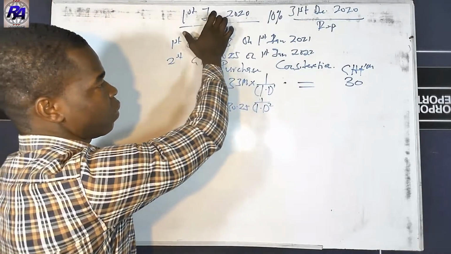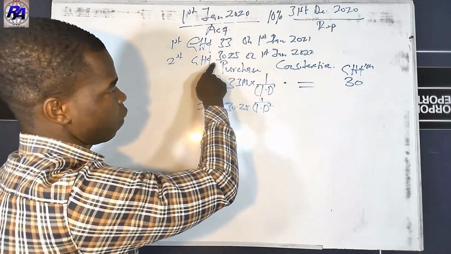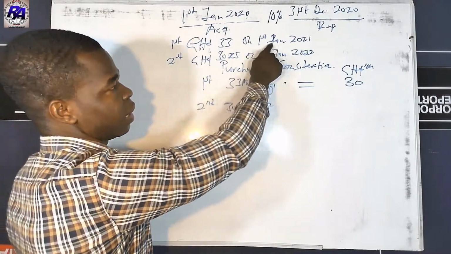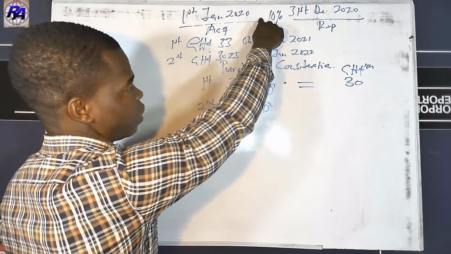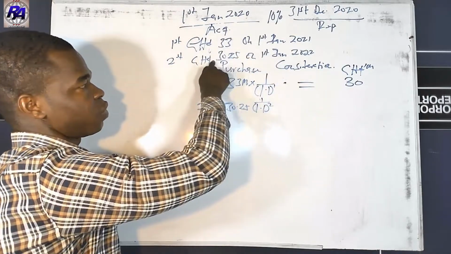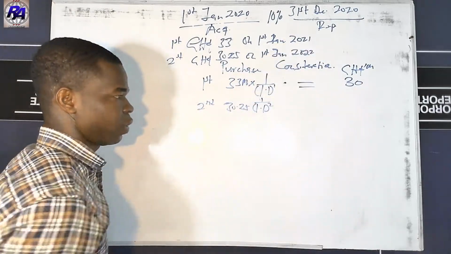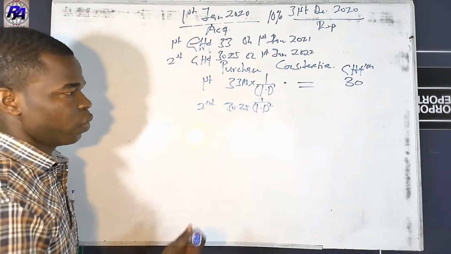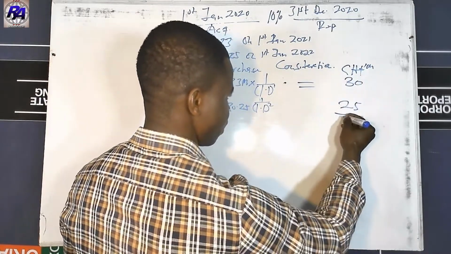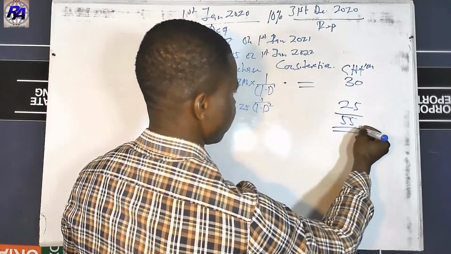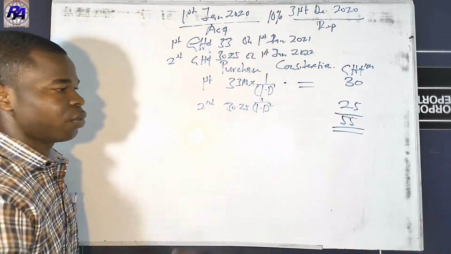We are acquiring on this date, and this date is the same as December 2020. So the second payment is going to be on 31st December 2021, which is 2 years. If you do this, we are going to get an amount of 25. So our purchase consideration in this question is going to be 55 million Ghana cedis.